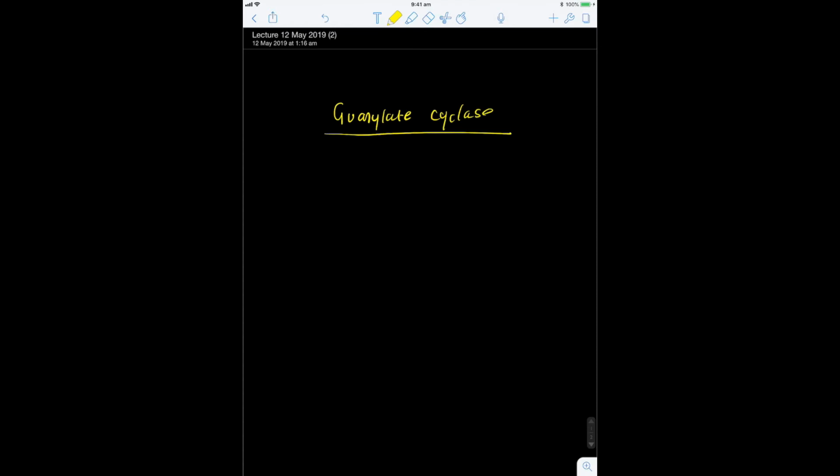So instead of breaking down cGMP into GMP, it converts GMP into cyclic GMP. Now that process is really important because we need to restore the cGMP levels so we can open up the ion channels again.